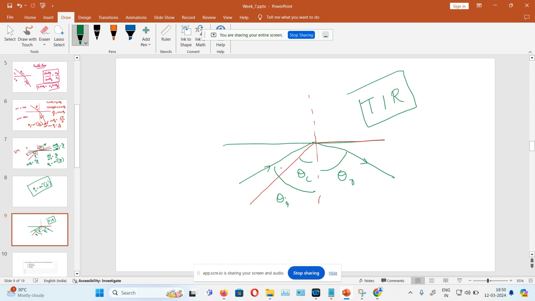That kind of phenomenon is called total internal reflection. So this total internal reflection is the basis of our optical fiber communication, and the optical fiber is made based on the phenomenon of total internal reflection.